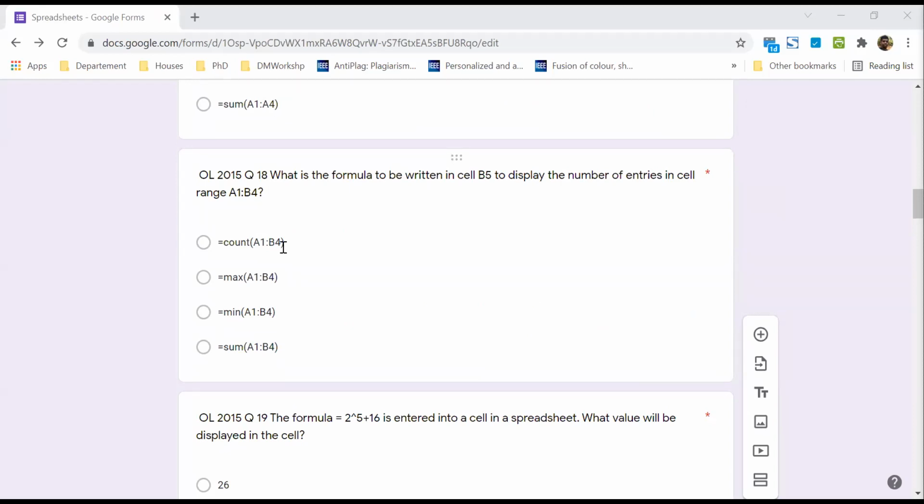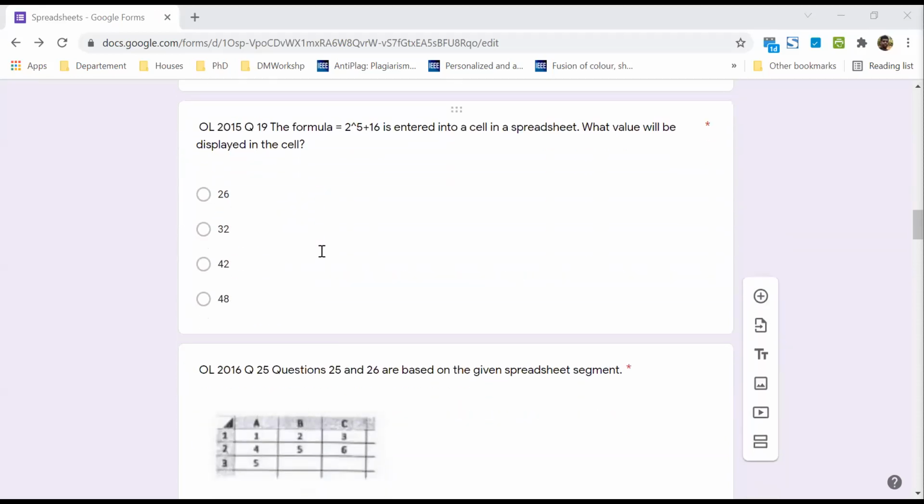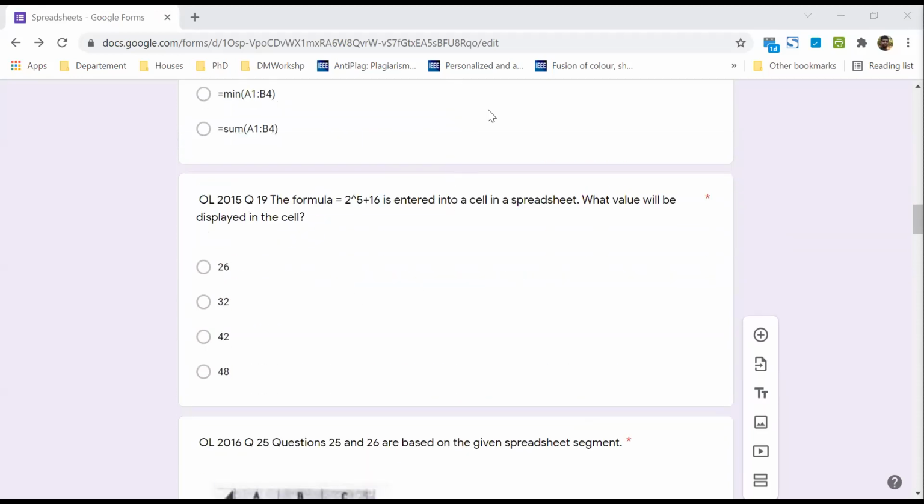Okay, good. The next one. Right. So remember that when you are answering a question like this, you have to think about the precedence. Now this is the hat mark, 2 to the power of 5 plus 16. So we know 2 to the power 5 means how much?